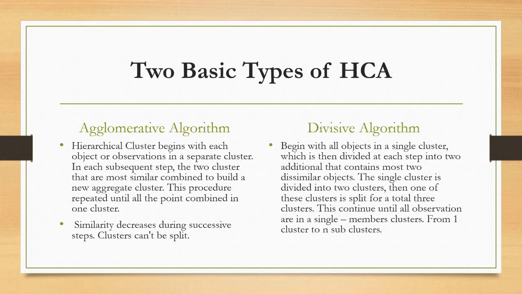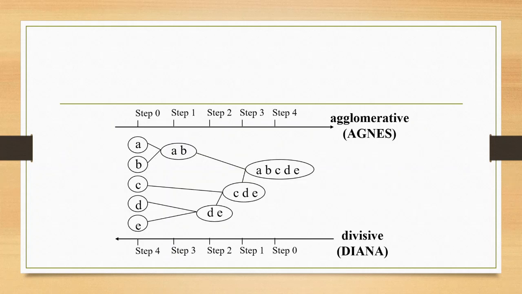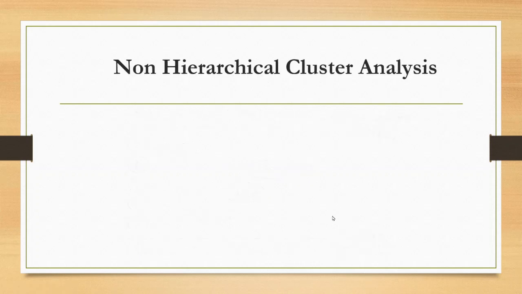This will continue until observations are in a single member cluster, from one cluster to n subclusters. So this is just a diagram showing on top the agglomerative, AGNES type, then there's the divisive, which can be called the DIANA type.